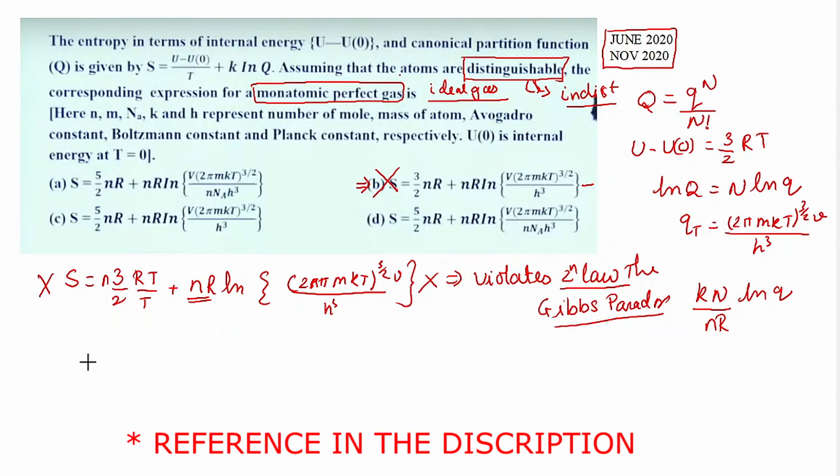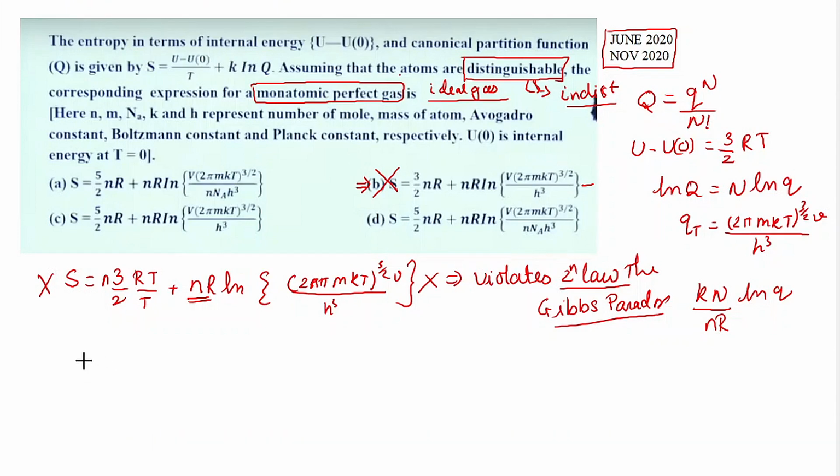When we use this relation, the entropy that we obtain is the Sackur-Tetrode equation, which is S equal to nR ln of V e raised to 5 by 2 upon N_A into capital lambda cube.